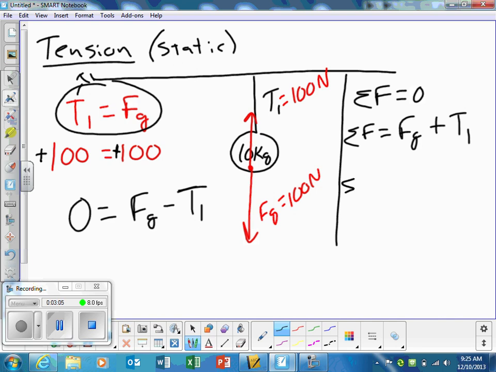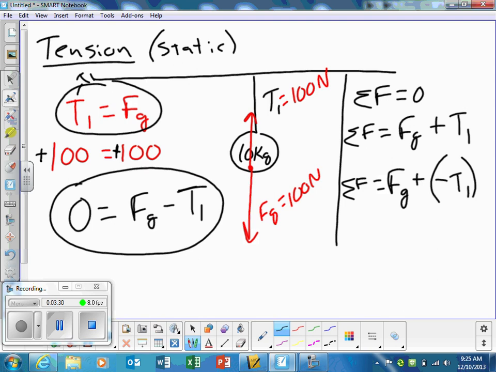So once we put in our signs, if we say force of gravity is positive, then T1 must be negative if it's in the opposite direction. Okay? So I'm going to write a lot of equations today, having one side equal to the other, but you have to know that they're opposite in direction and be okay with it. So make sure you understand what we just talked about here.